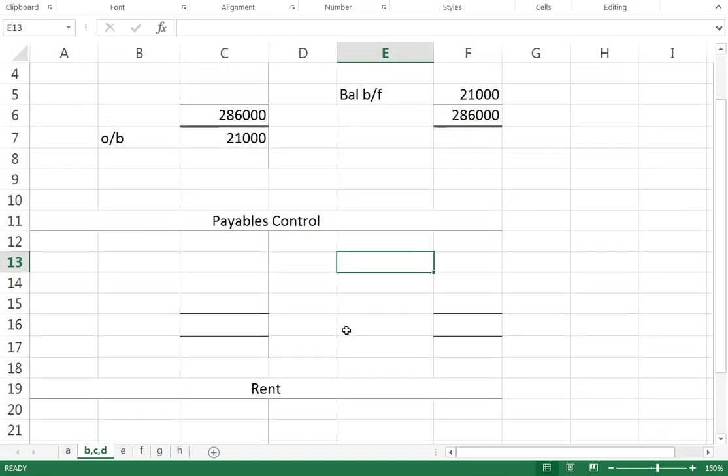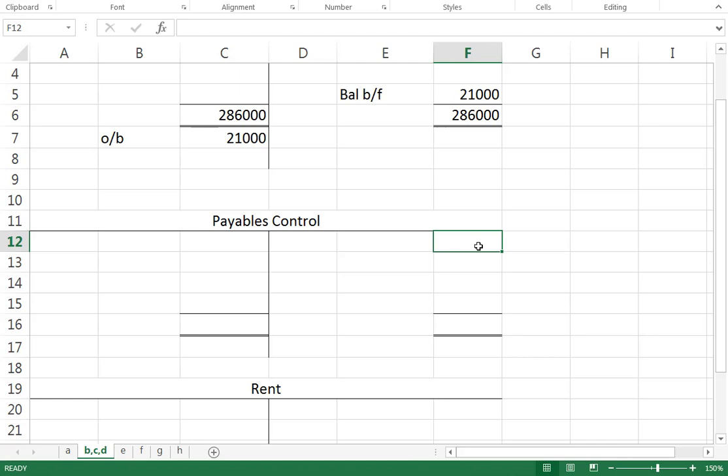Payables control account, it tells us again the same thing. We've got in our note number 3, the payables were 21,000, and the closing for our payables was 30,200. Okay, so we're going to put in payables is a liability, so the balance is going to be on the credit side.